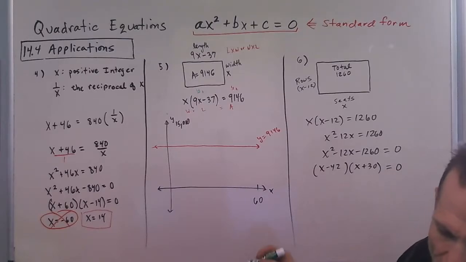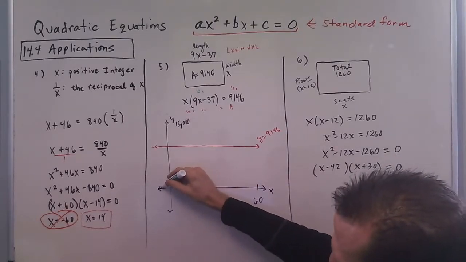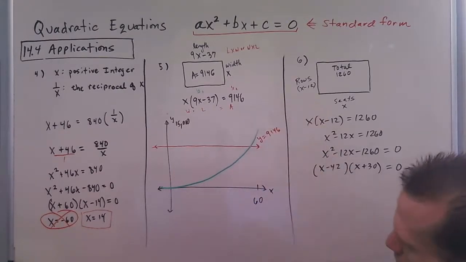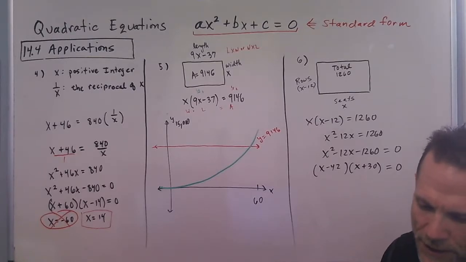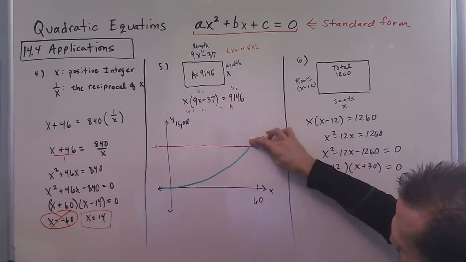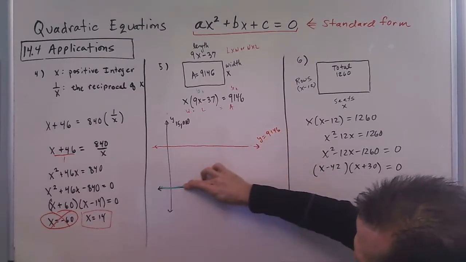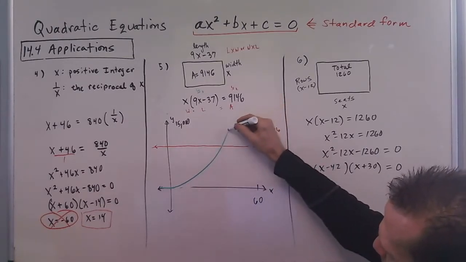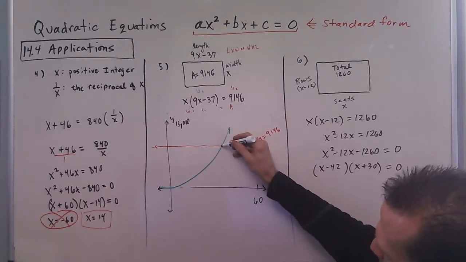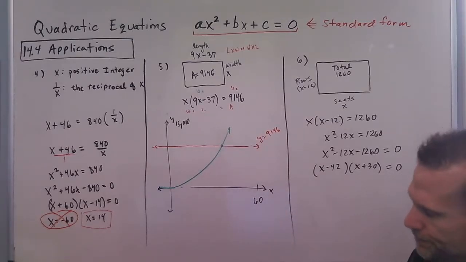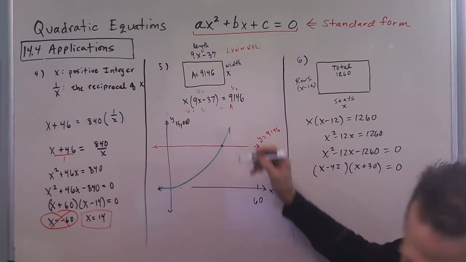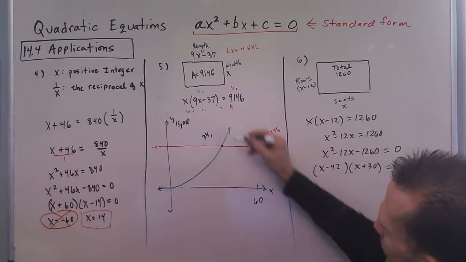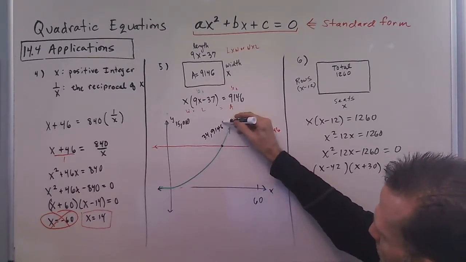Okay, and then this is going to be a parabola because we're going to get this x squared, and we're going to see this come out here. We're going to have a parabola that comes along here and kind of shoots up like that. Okay, now I drew this one incorrectly, so I'm just going to redraw it real correct. Okay, it actually comes up a little quicker than that, and like that. Okay, so the important thing is this intersection right here, and this intersection occurs at 34 and then 9,146 for the y value.